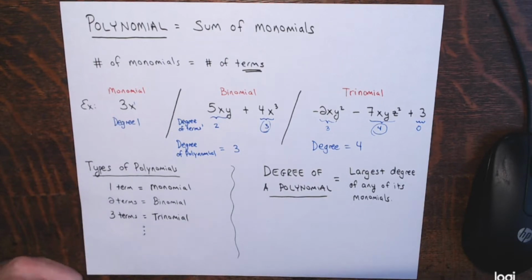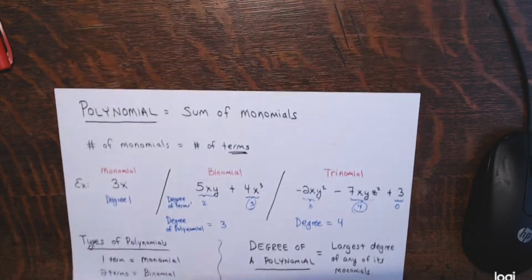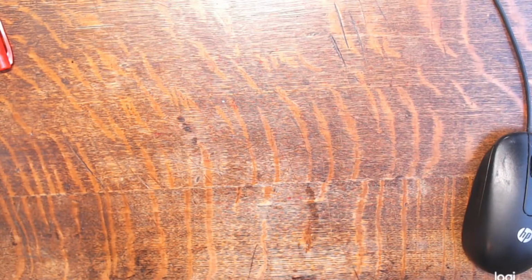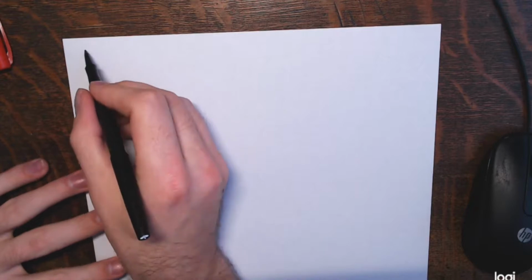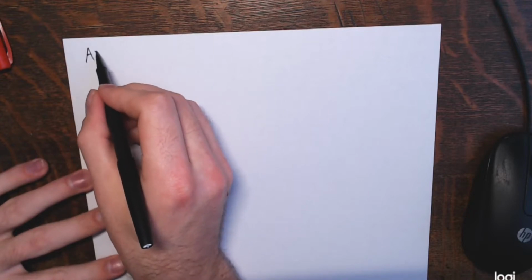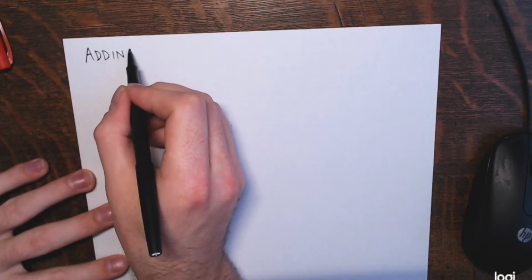Alright, so I got a lot of stuff out there, a lot of definitions. Now when it comes to adding and subtracting, like we're finally getting into in this first question, you can only combine what are called like terms or like monomials.